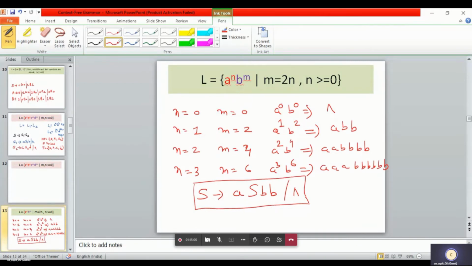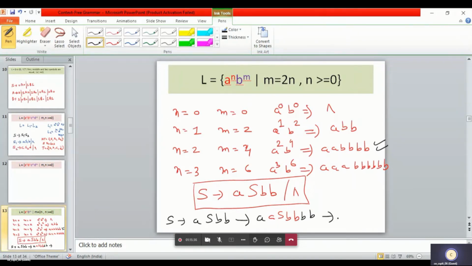So now if we want to derive a string, we can start with S. Suppose let us derive this pattern, double A 4 times B. So we'll write ASBB. Then again for S we'll write ASBB. So we have A, then we'll write ASBB, and this last 2B.